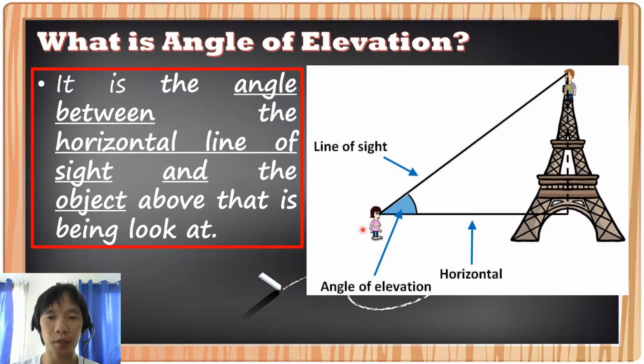If you are this person, this is what we call our horizontal line of sight, and when you look above to a certain object, that is what you call the line of sight. Now, as you look above, it will form an angle from your horizontal line of sight to the line of sight which you are looking at the object, and that angle is what we call our angle of elevation.